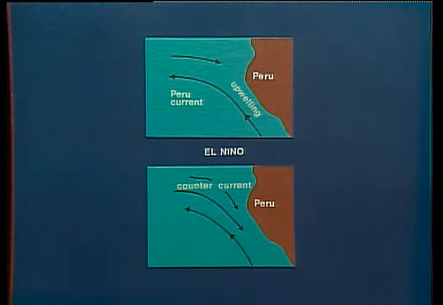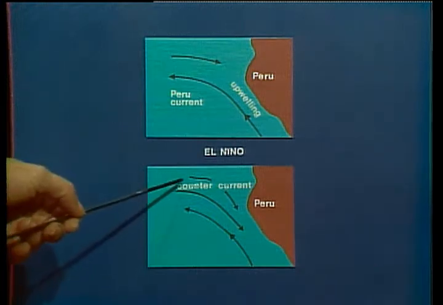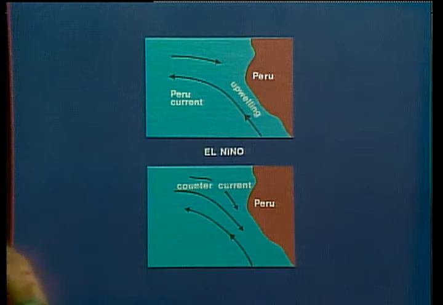The wind system breaks down, so there's no upwelling. And the influx of these warm waters down the coast of Peru in place of the upwelled nutrients in the upwelling area just causes tremendous destruction and death in the fisheries. Not only does it cause the fisheries to collapse, but it causes problems with the fertilizer industry.